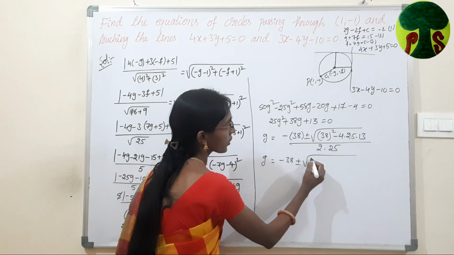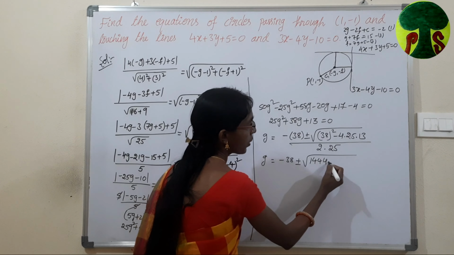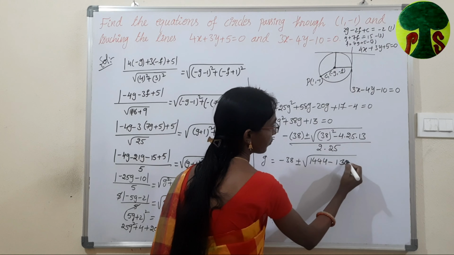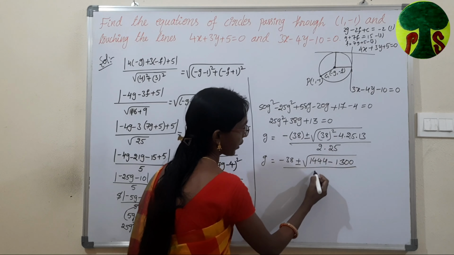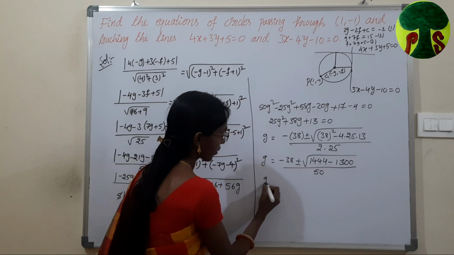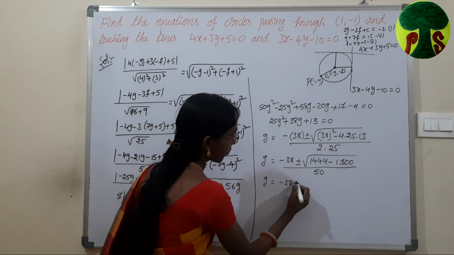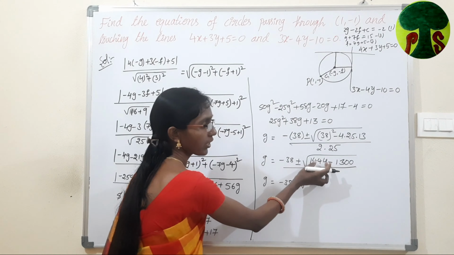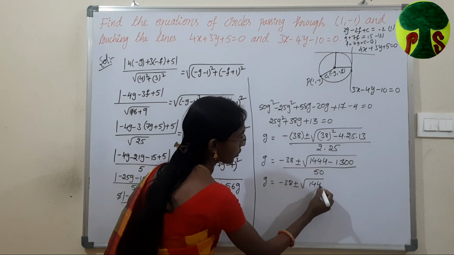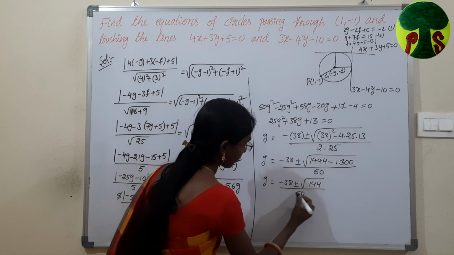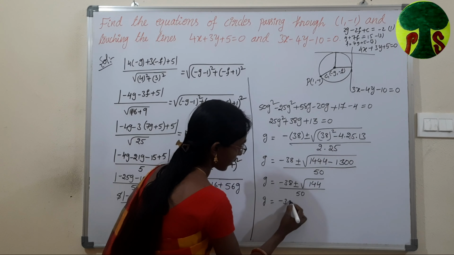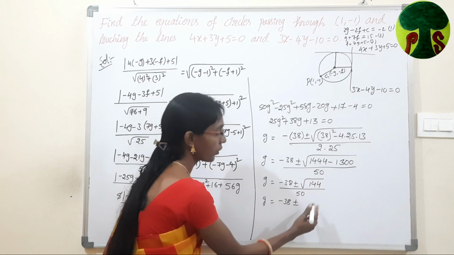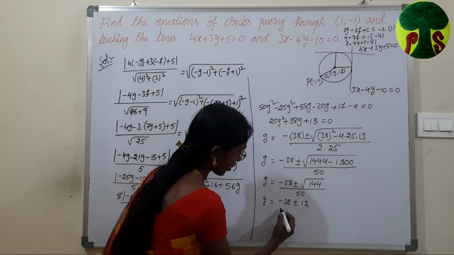The value of 38 whole square is 1444, minus 4 into 25 is 100, means we will get 1300, divided by 2 into 25 means 50. So g is equal to minus 38 plus or minus square root of, subtracting 1300 from 1444 we will get 144, divided by 50. Square root of 144 value is 12.